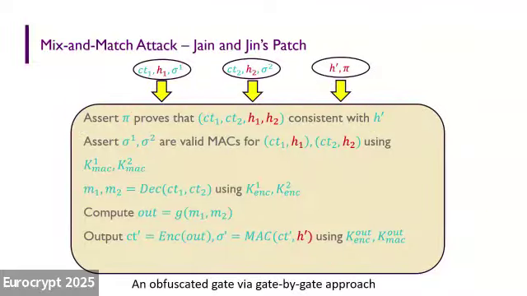Jain-Jain's patch is to use an additional consistency check. The obfuscated gate will also receive 2 hashes H1 and H2 corresponding to the ciphertext and H prime corresponding to itself. The gate will also verify the MAC and the consistency proof pi corresponding to the hashes.